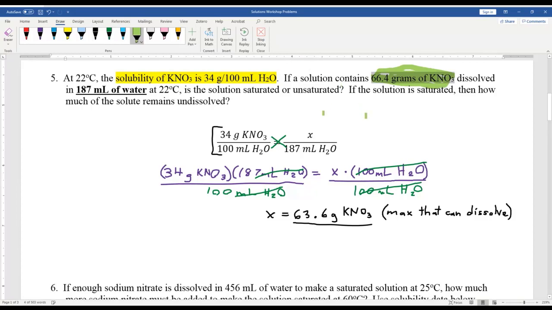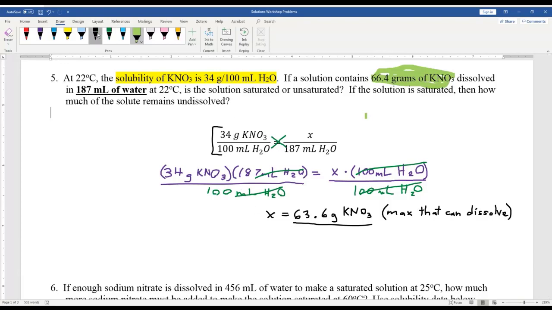There are 66.4 grams that are added. However, the maximum that can dissolve is 63.6. So if a solution has the maximum amount that can dissolve, then it's a saturated solution. Anything that you add beyond that will not dissolve, but it will stay as a solid.